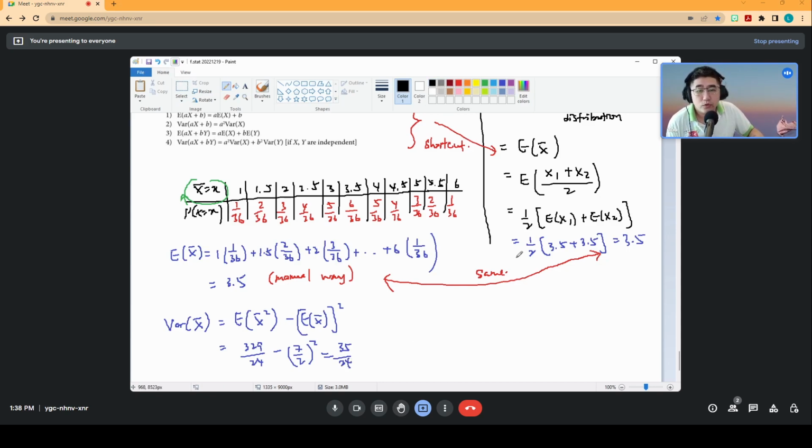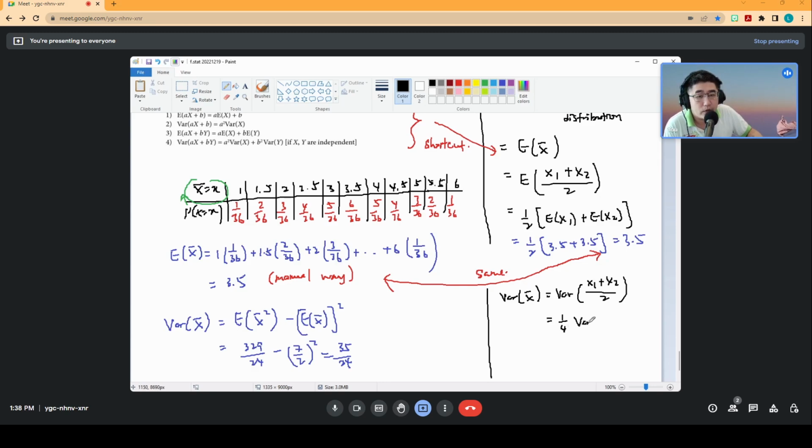Okay, let's do the shortcut way. Variance of bar x. So the variance of bar x is the variance of x1 plus x2 over 2. According to chapter 2, the multiple we can take out, it becomes a square.